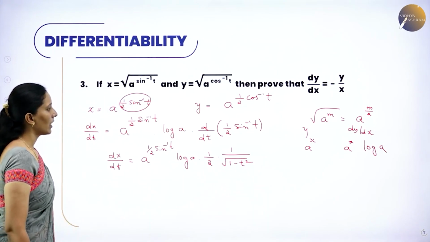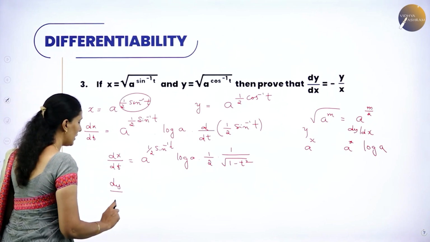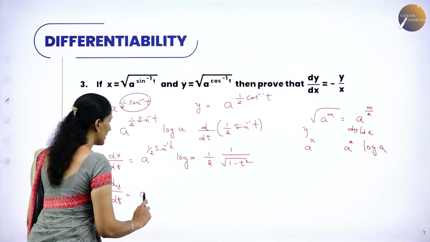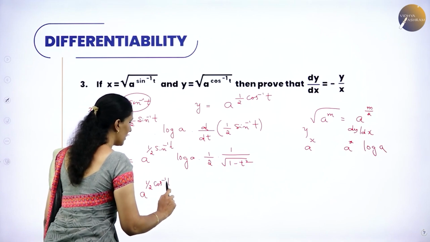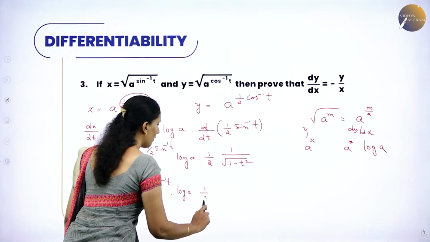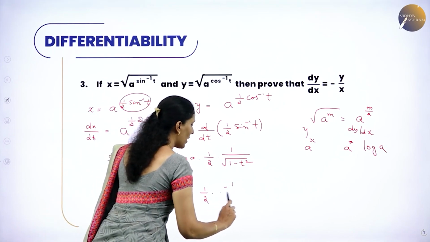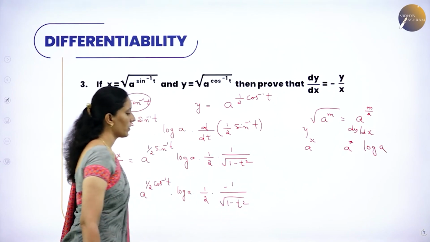Similarly, if you find dy by dt, clearly you can write this as a half cos inverse t into log a into half, and the derivative of cos inverse t is minus 1 divided by root of 1 minus t square.